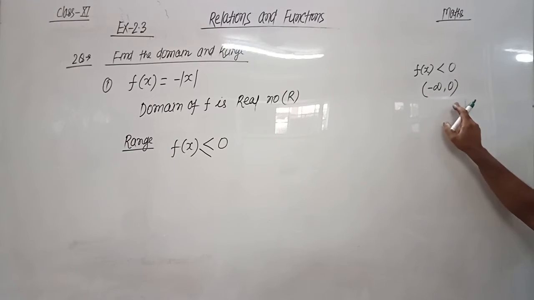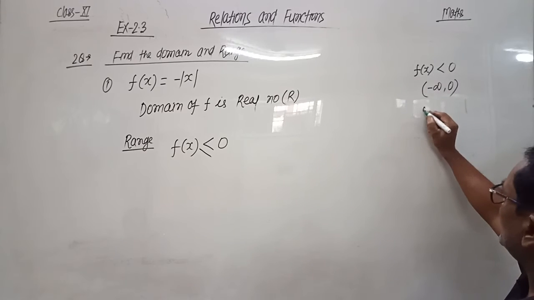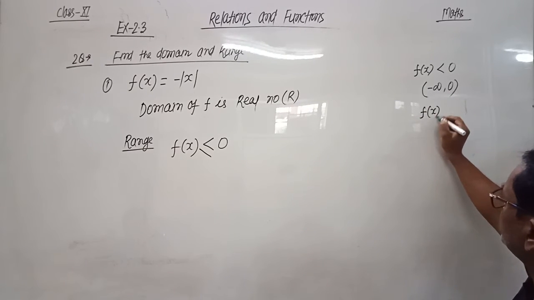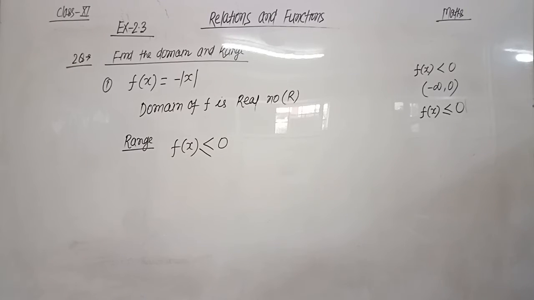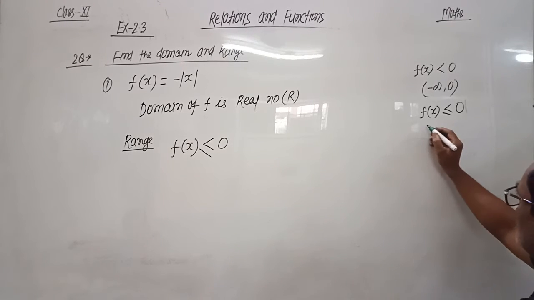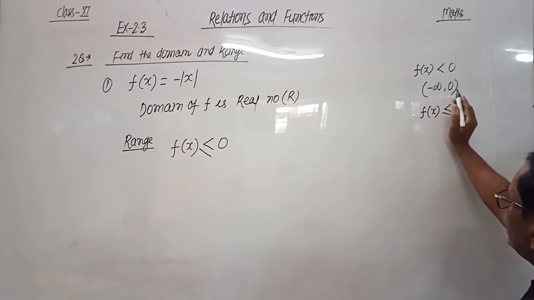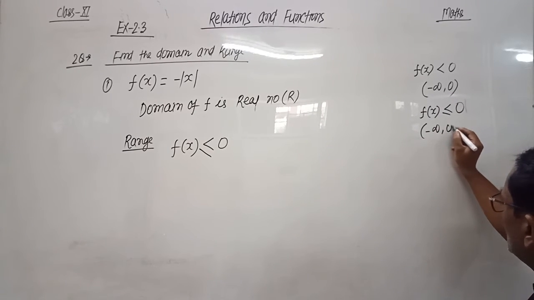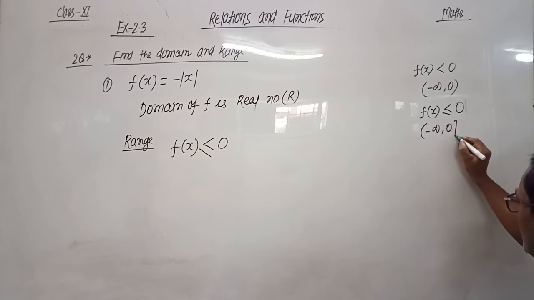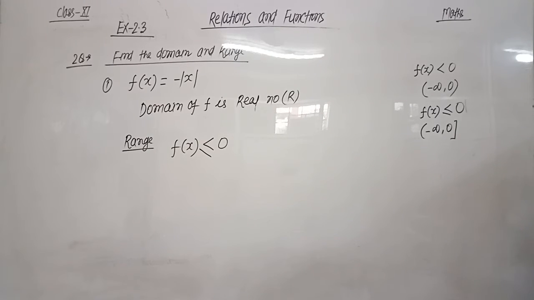If f(x) is less than 0, we represent this in the interval from minus infinity to 0, open from both sides. But if it is written f(x) is less than equals 0, we write from minus infinity to 0, but at 0 we put a closed bracket, not an open bracket, because here it is also equal to.